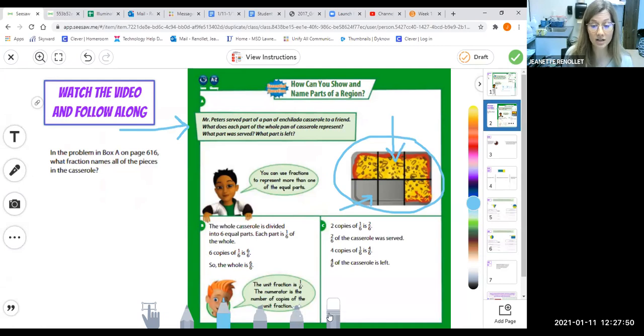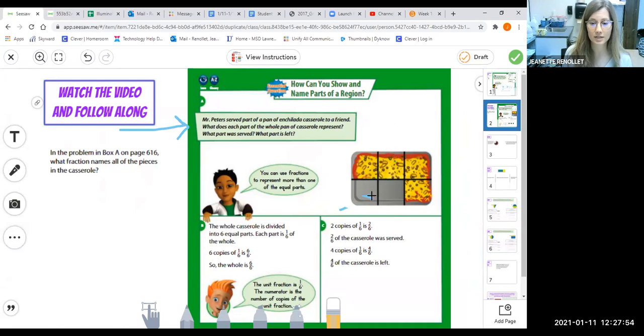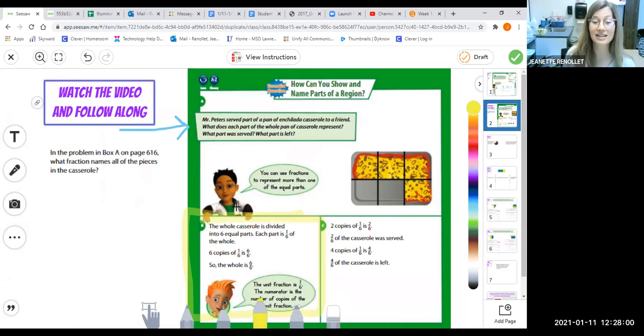It says the whole casserole is divided into 6 equal parts. Let me show you what I'm looking at right here. The whole casserole is divided into 6 equal parts. Each part is 1/6 of the whole. So this piece is 1/6. This piece is 1/6.